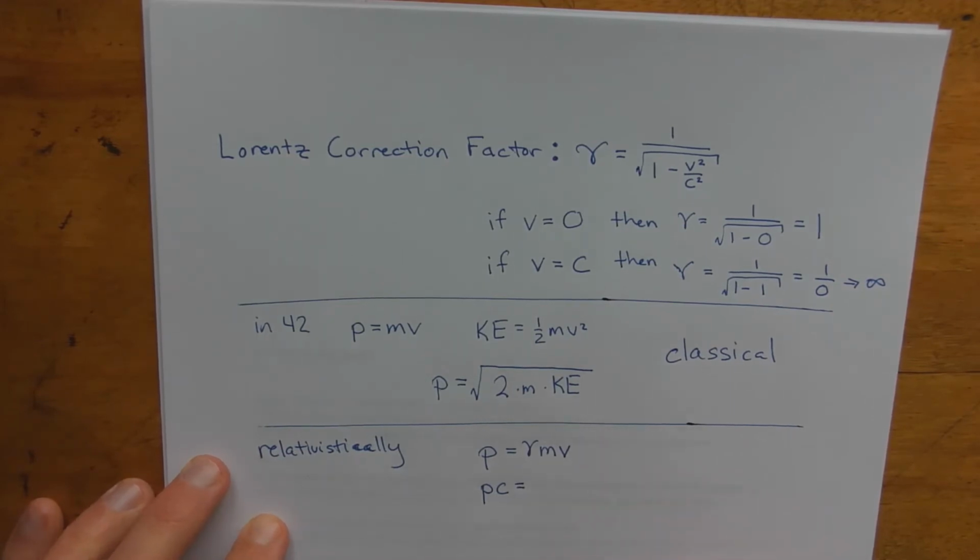that, you will see if you're looking at page 6 of relativistic dynamics, can be written as gamma times mc squared times v over c.